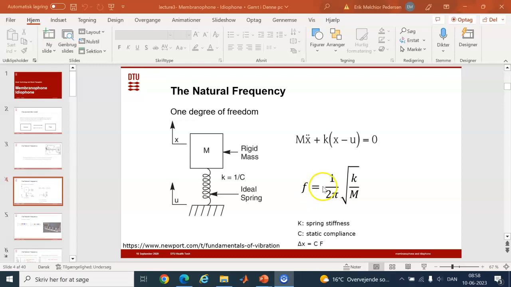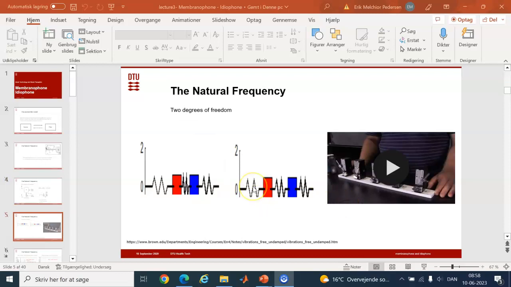Omega 0 is this square root, and the frequency is omega 0 divided by 2 pi. Natural frequencies. Two degrees of freedom now, a little bit more complicated.